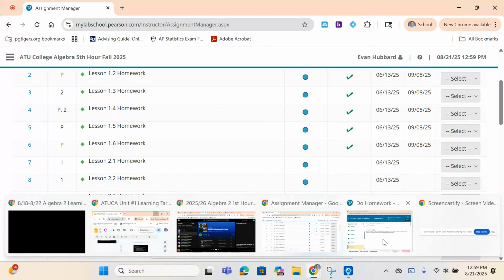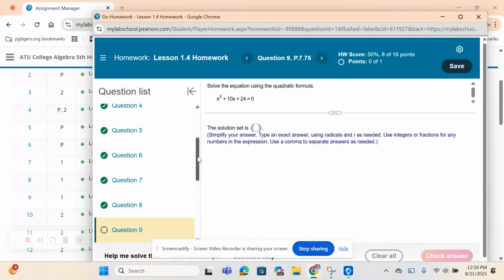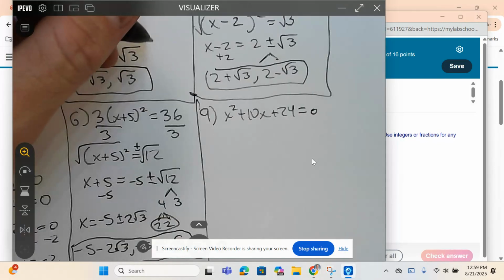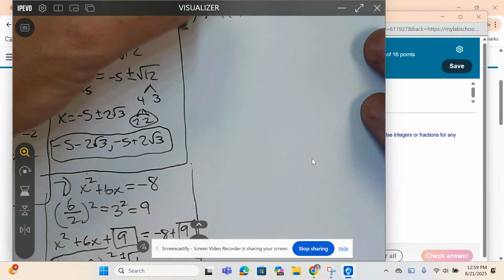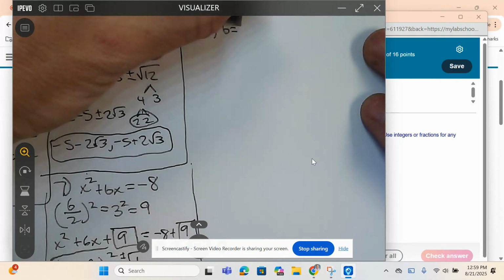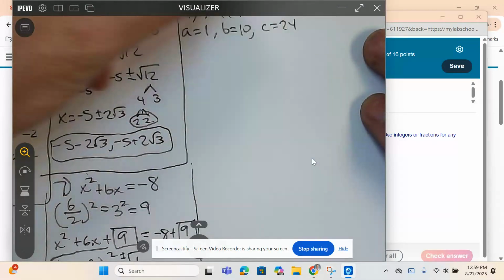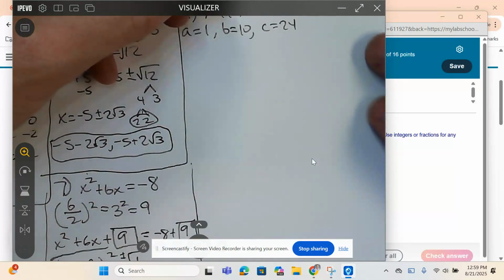All right, question 9. Solve using the quadratic formula. Okay, thank goodness. Enough of that completing the square. But you could do that. So quadratic formula, you got to make it equal 0 first. Identify A, B, and C. A is the coefficient of x squared, the number in front of x squared. B is the number in front of x.